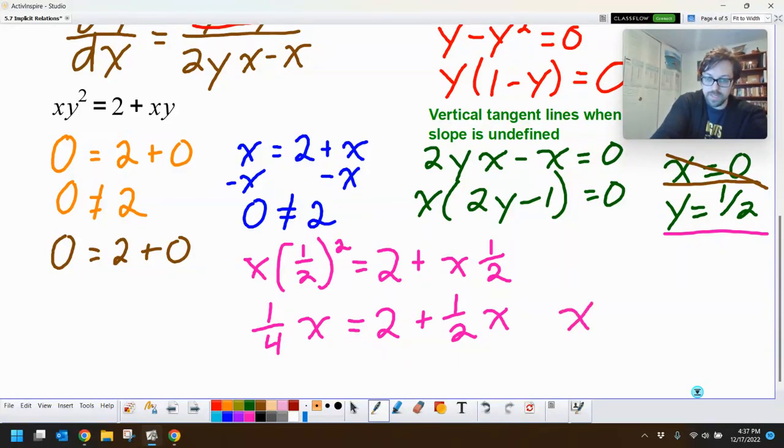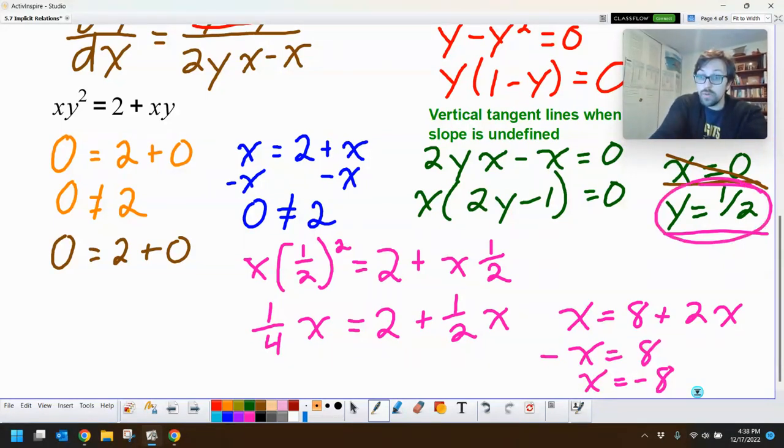So that's x equals 8 plus 2x. This is looking really good. So we get negative x equals 8 and x equals negative 8. Hey, cool. So we did get a point. So we do get a vertical tangent line at y equals 1/2, but we're not going to get any of those other ones. So we only get a single vertical or horizontal tangent line.